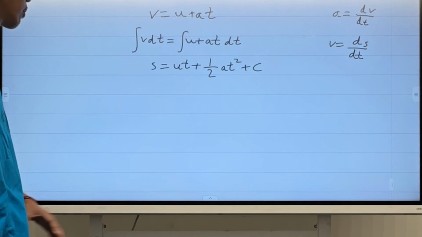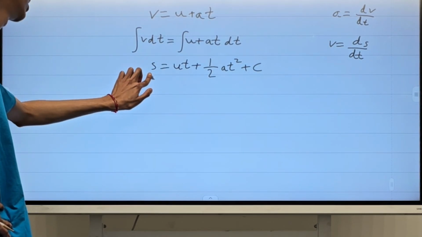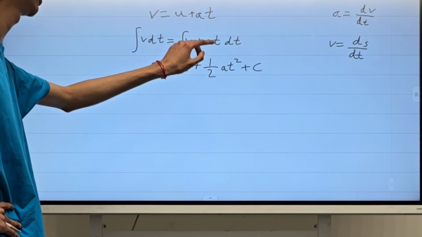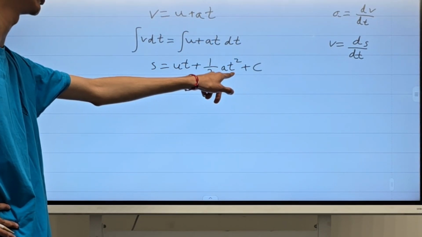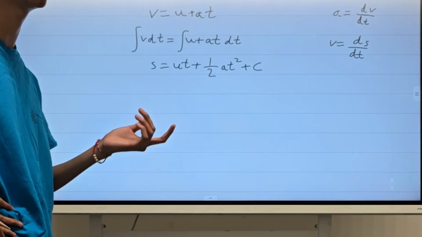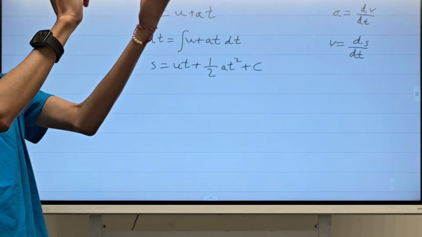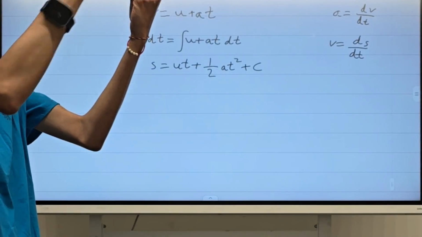So basically, we have the final distance, the change in distance, and the integration constant, which is basically where we start from. In this case, I'm going to start throwing things from 0. Wherever I throw things, I'm going to assume that the throwing line is 0.